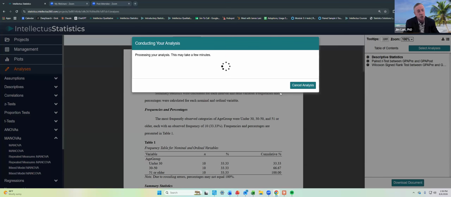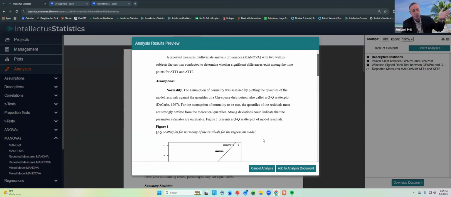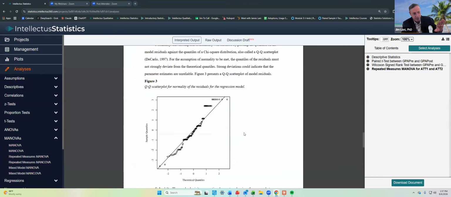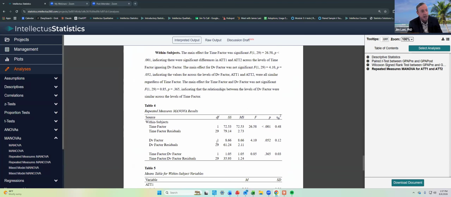The question at hand here is, is there a simultaneous difference on both of these attitudes pre to post? There are assumptions you can look at, and helpful scroll overs to see if it looks more normal or not.